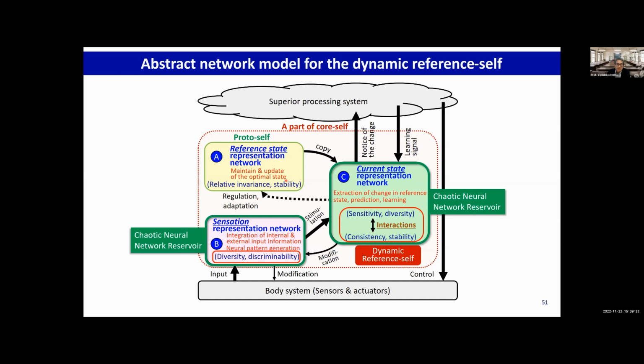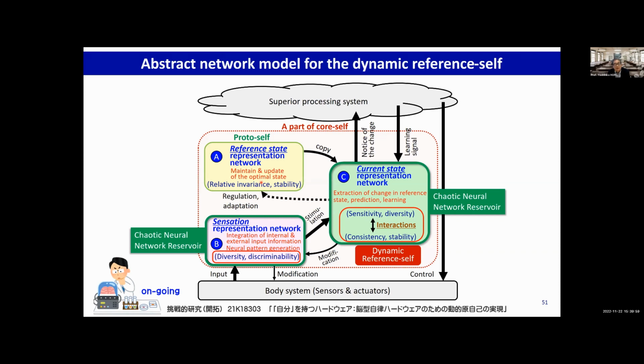For the pro-self, this should be a kind of stable network, so we can make it with an ordinary neural network reservoir or some layered network. Actually, this research is currently ongoing. If I get some results, I will show you elsewhere.